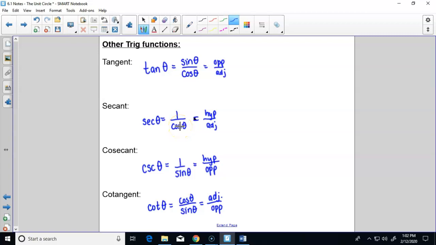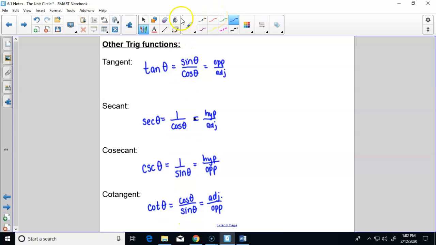Cosecant can't go with cosine because you'd have two cos in that pair, and that can't happen either. So secant has to go with cosine so that there's a co in that pair. Cosecant has to go with sine so that there's not two cos in that pair. So eventually you're going to have these memorized also, but just not quite yet.